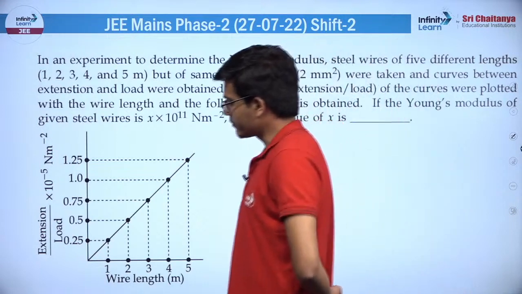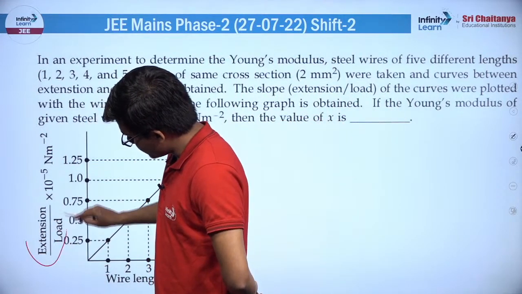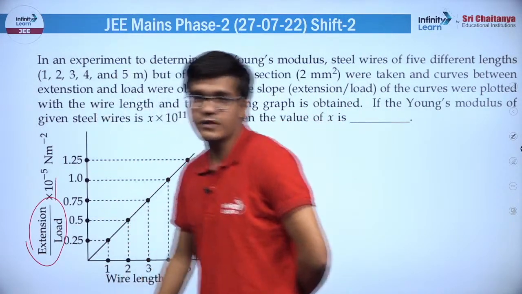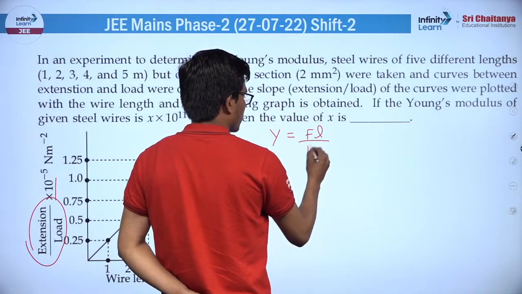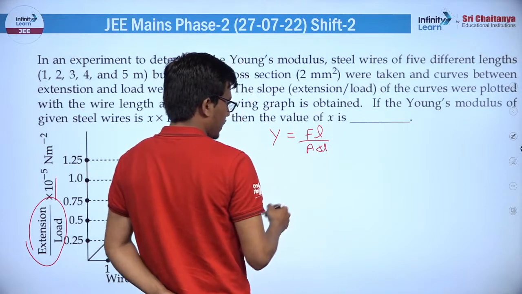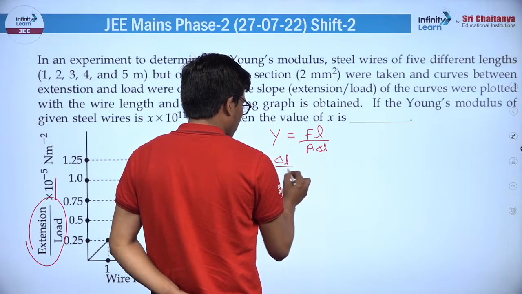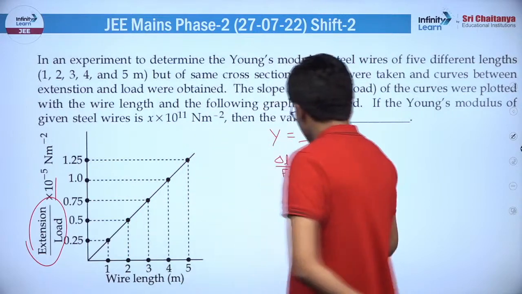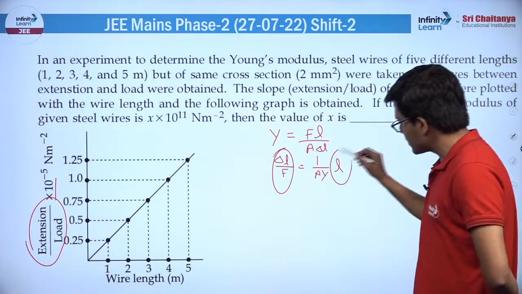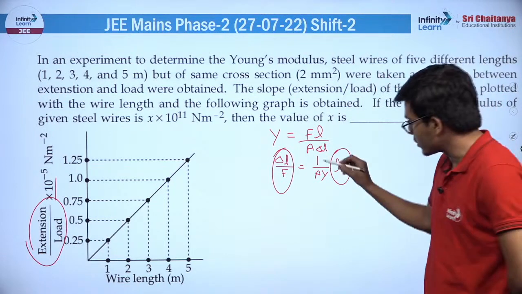So read the graph very carefully. Extension upon load into 10 to the power minus 5 is given, right? So if you know Hooke's law, again a second question from Hooke's law, FL upon delta L, extension by load can be given as 1 upon AY into length, right? So the graph of this quantity with this will be a straight line passing through the origin with this slope.